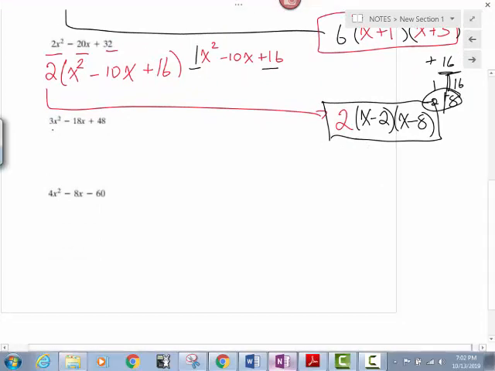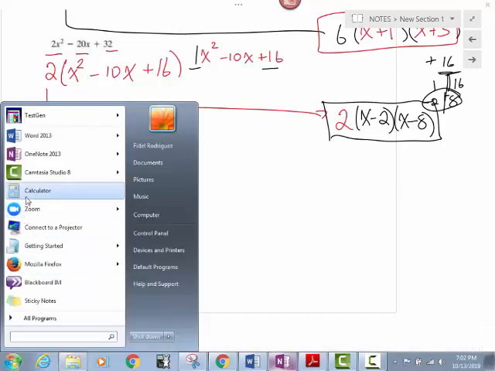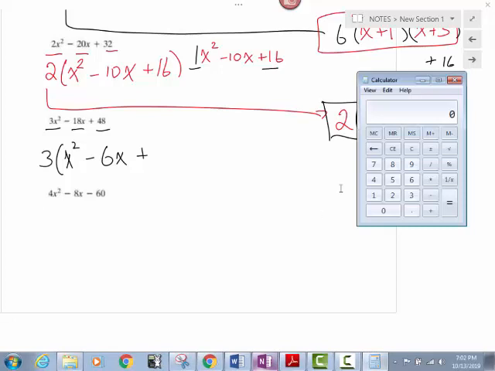For the next one we have here, let's factor out the number 3. And we're left with x squared minus, 3 goes into 18 6 times, plus 3 goes into 48. I want to say, let me grab my calculator. I want to say it's 18 times, but let me just double check. So let's go 48 divided by 3. 16 times, excuse me.